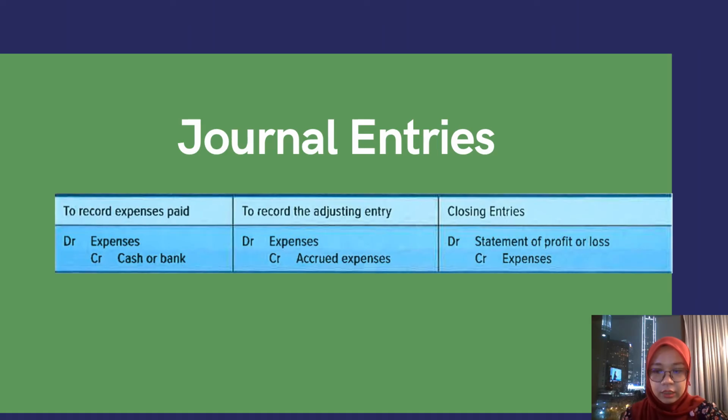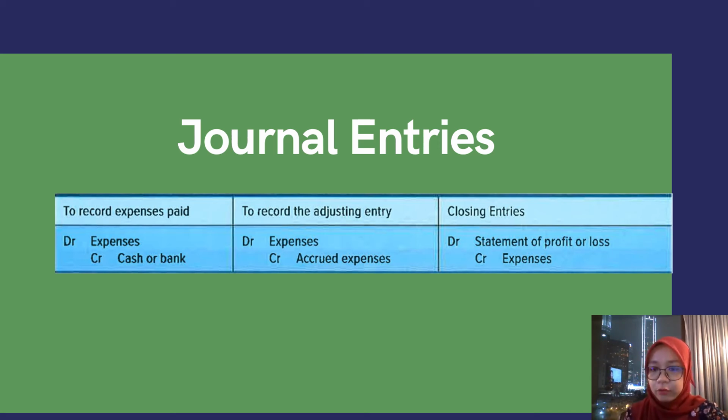The journal entries for the accrued expenses are as follows. First, we record the payment of the expenses: if there is any payment, debit expenses and credit cash as usual. Then we record any accrued expenses, the expenses that should be paid but we have not paid yet, so debit expenses and credit accrued expenses, not cash, because we haven't paid yet.